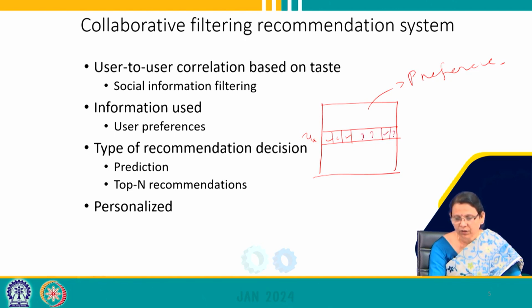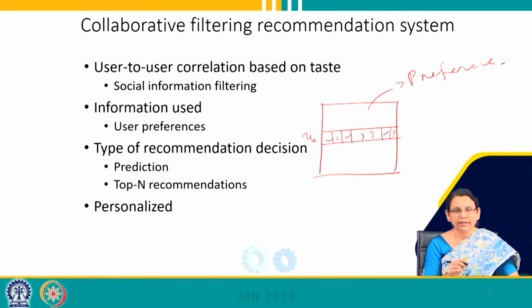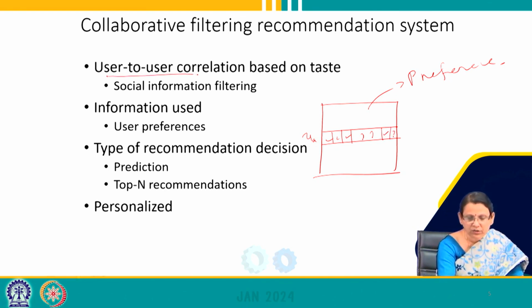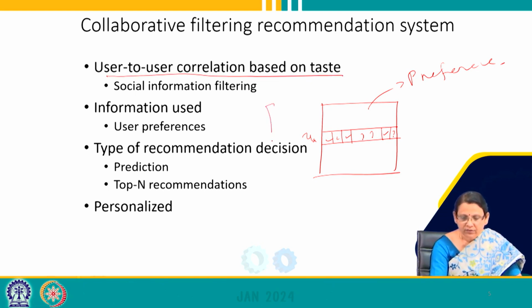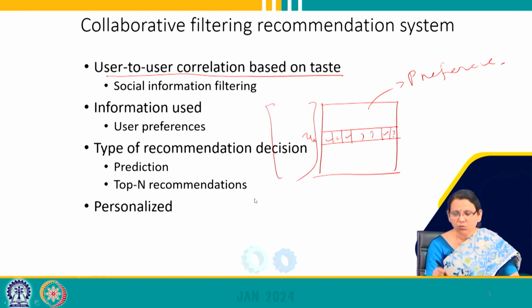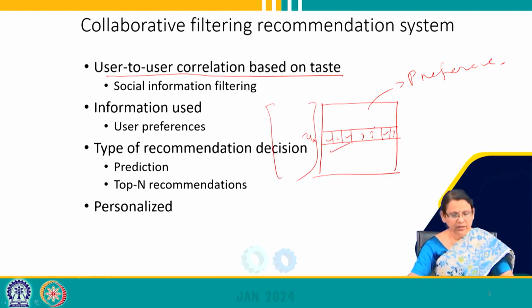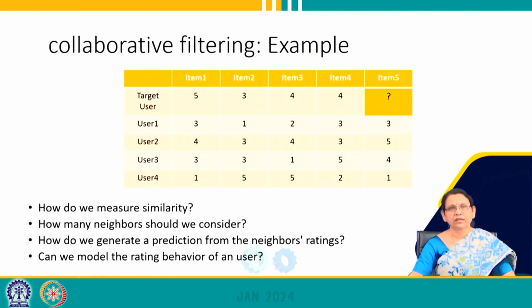This is given, this you have to find out. When I say we use user correlation based on taste, the users' feature matrix is not given, what is given to you is this. Based on this you are supposed to make top n predictions, and based on that you make top n recommendations. So, this is a very personalized recommendation system.